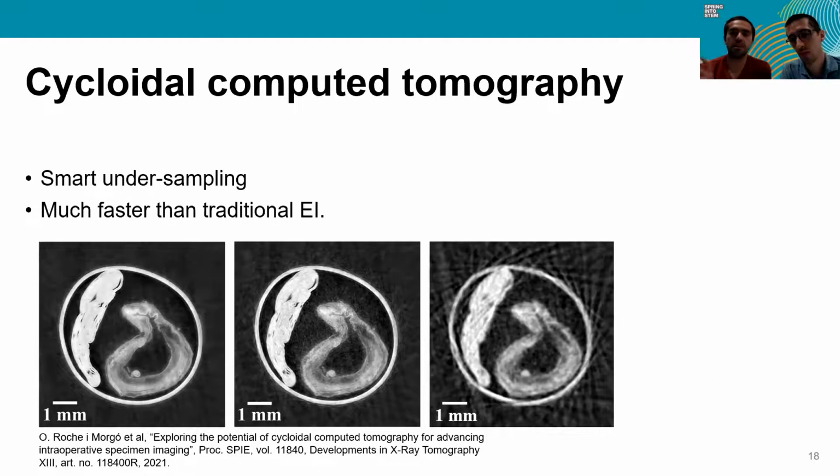One of the things taking the time in a typical edge illumination acquisition is motor movement. We move a motor, take an image, move a motor, take an image. This is how it's done at the lab.